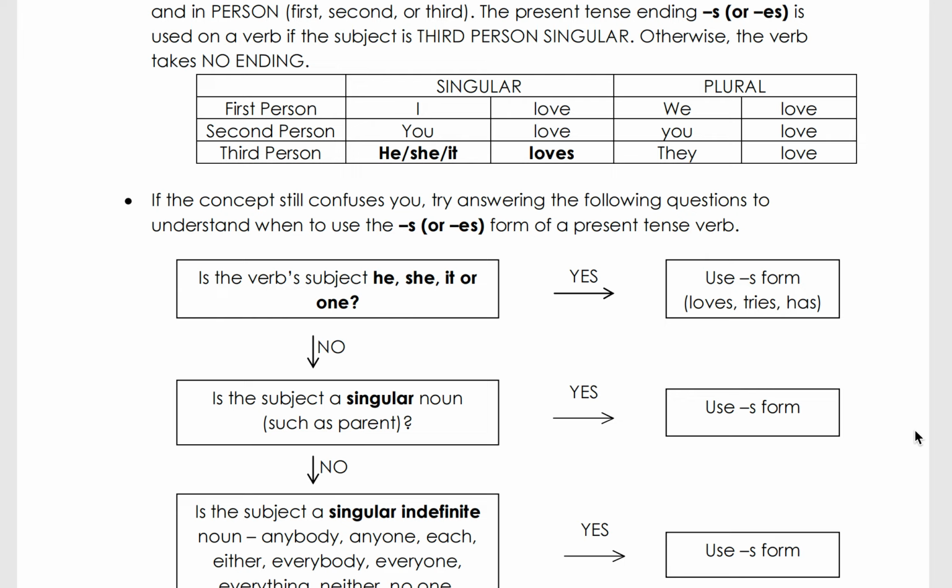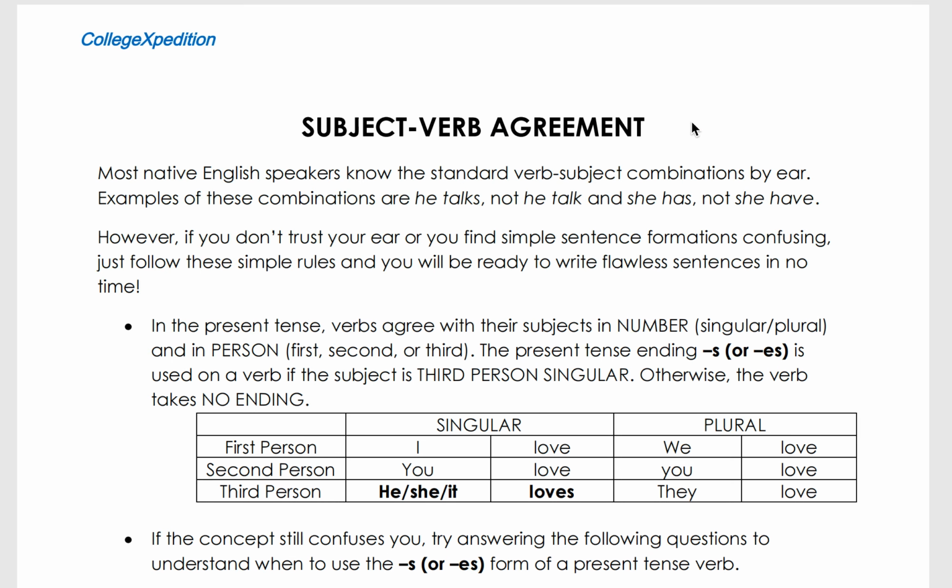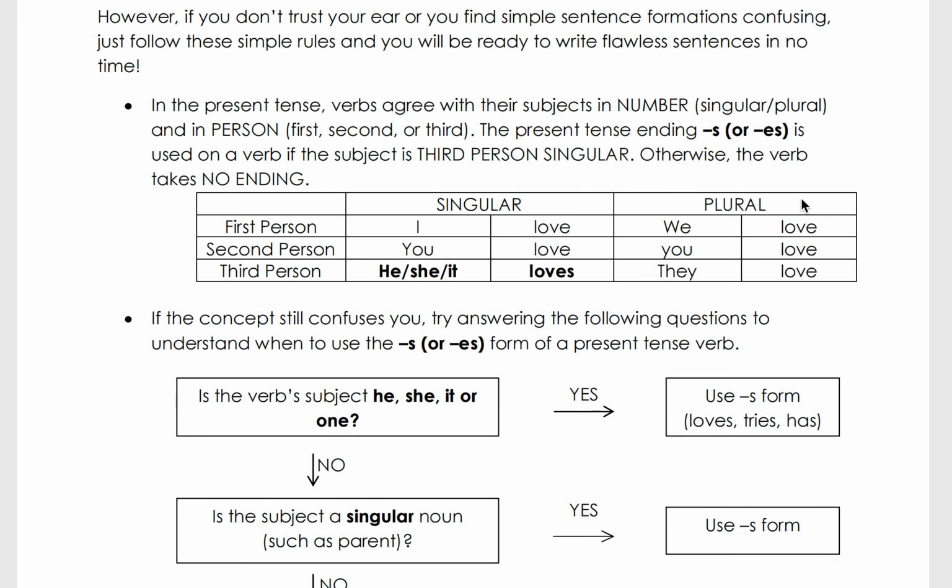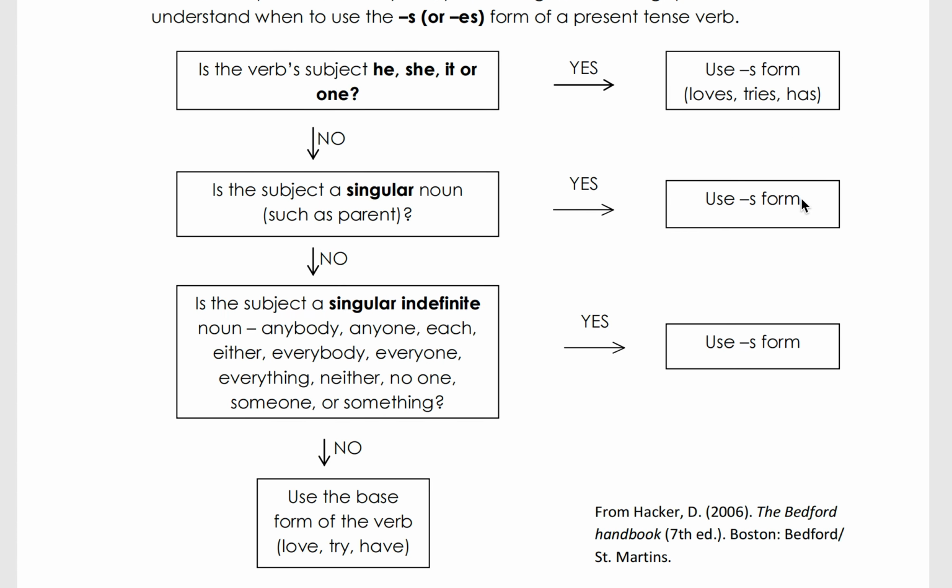So what you are going to do now is make an agreement, because the topic here is that the subject has to agree with the verb, and the verb has to agree with the subject. That is what subject-verb agreement means. There are some exceptions that you need to always remember.